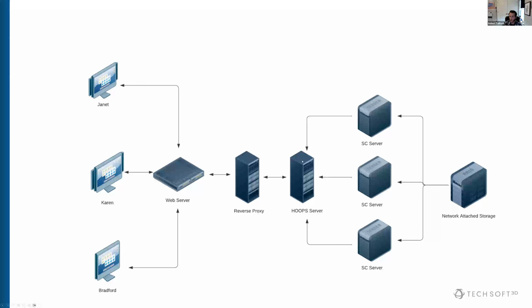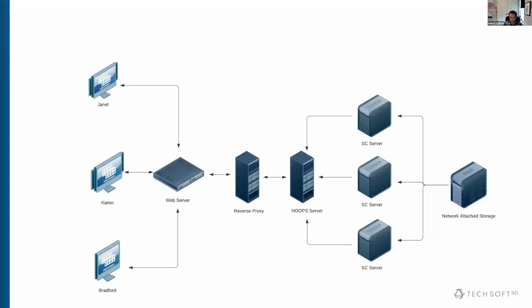But that would mean that your HOOPS server is open out to the public, and people could ping that server, they could write URL requests to that server, they could post to it using Postman or some tool like that, curl or something. Now, you might not want that.